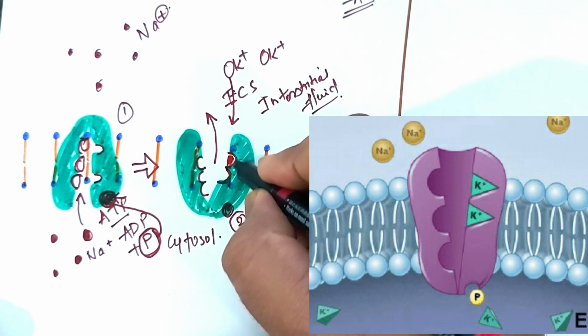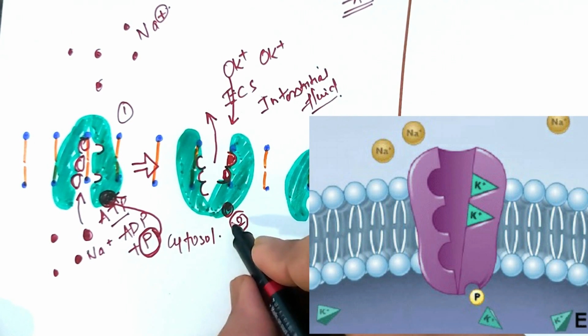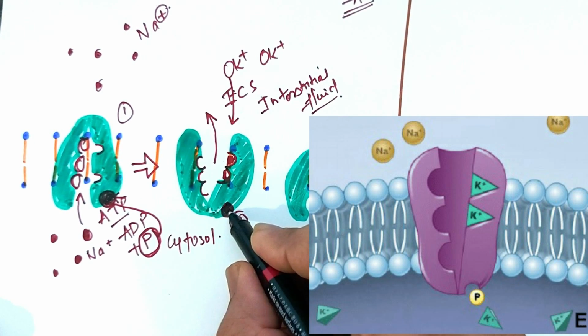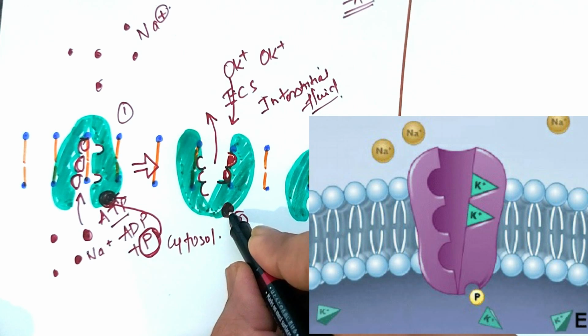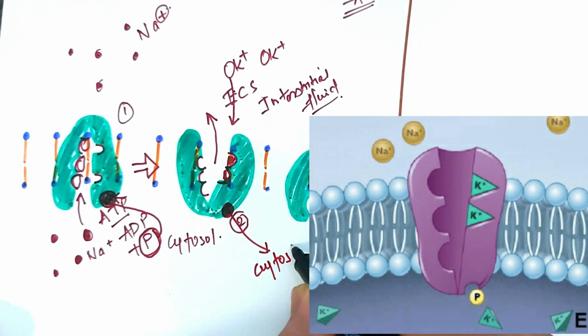Once the potassium ions sit over the receptor sites, the phosphate which was bound to the pump again goes back into the cytosol.